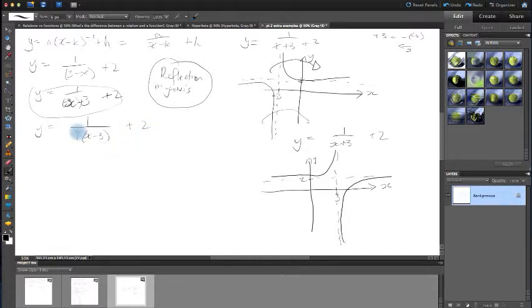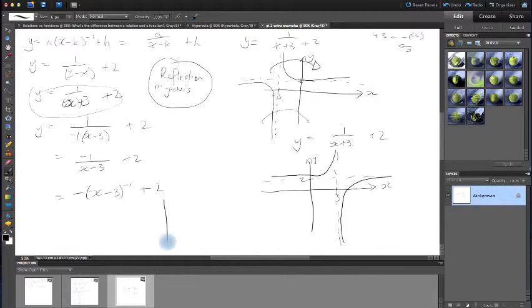Now because we've got 1 divided by negative 1, overall that equals negative 1 divided by x minus 3, plus 2, and we can put that in the other form, minus 3 minus 1, plus 2. And so now we've changed it to being a reflection in the x-axis, which we're more familiar with.